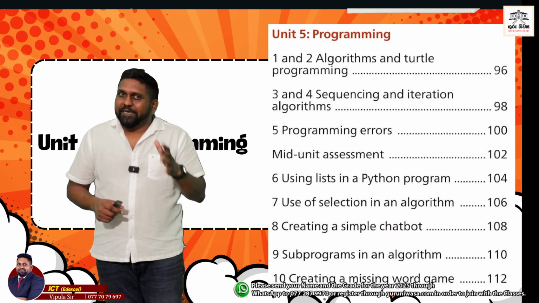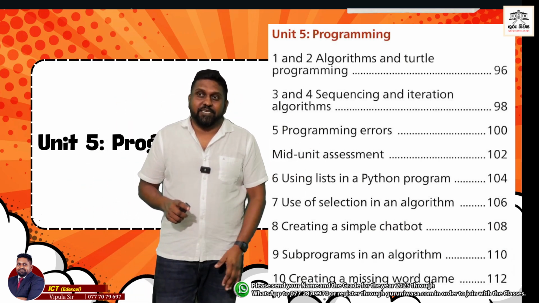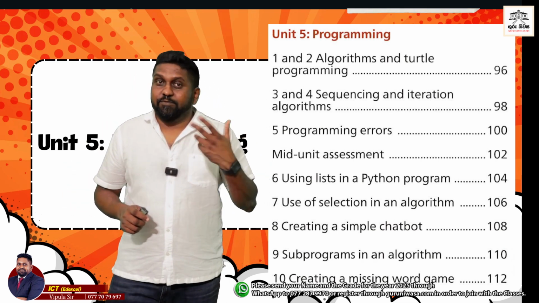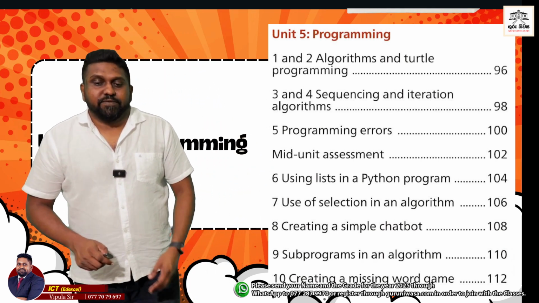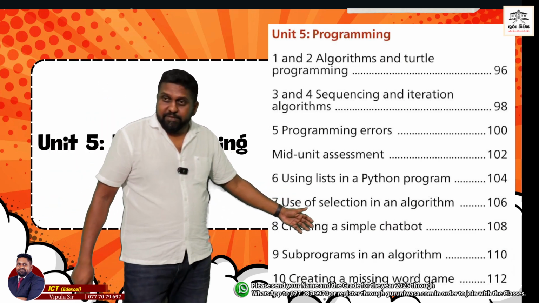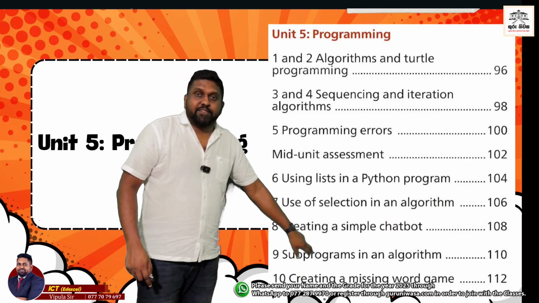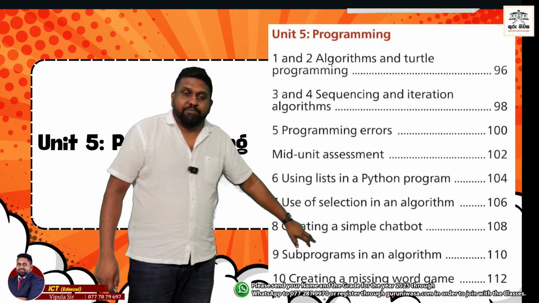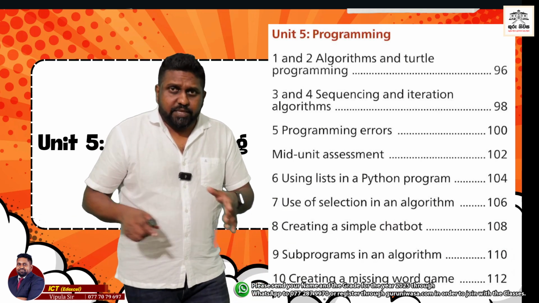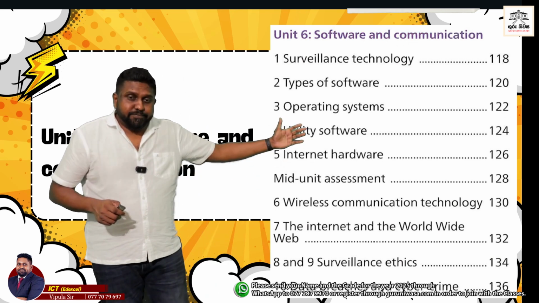But you need to have a decent machine. I'm not saying you need to have an extremely high-end machine, but it should have a decent VGA card, because the VGA card is the one that is going to process all the calculations and algorithms. And then we talk about subprograms in algorithms, as well as there's a small part where we create a game, where we create a missing word game based on a couple of loops and algorithms.